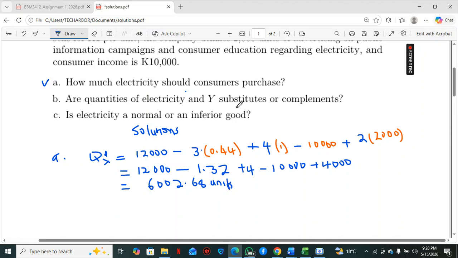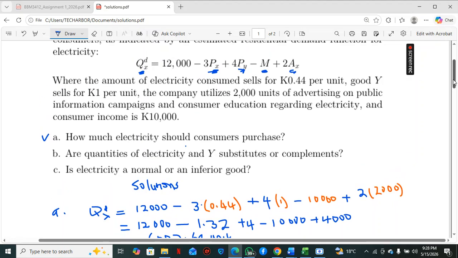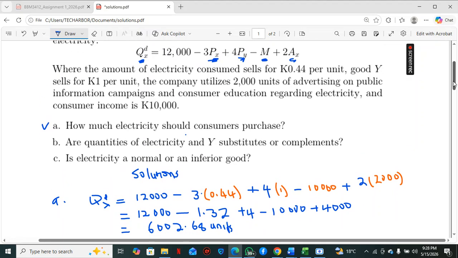That's how much the electricity consumers should purchase. Okay, you just substitute the values given to you into the demand function. Okay, then part B, are the quantities of electricity and Y substitutes or complements.